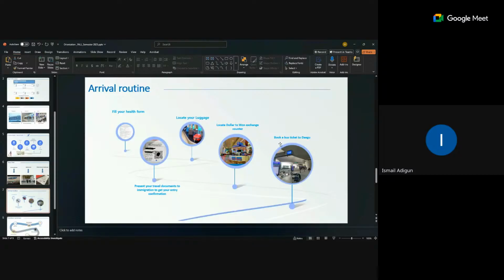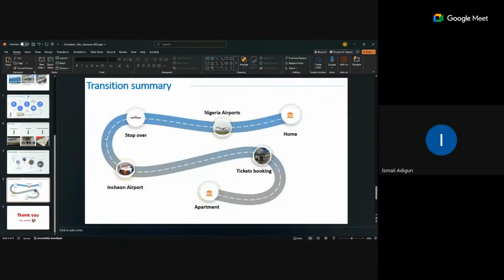I think another thing is someone might have helped you book the ticket before and sent it to you via WhatsApp or any app you think is easy for both of you. So just show it to any Korean that you see in the airport, so as for you to locate the bus terminal easily.